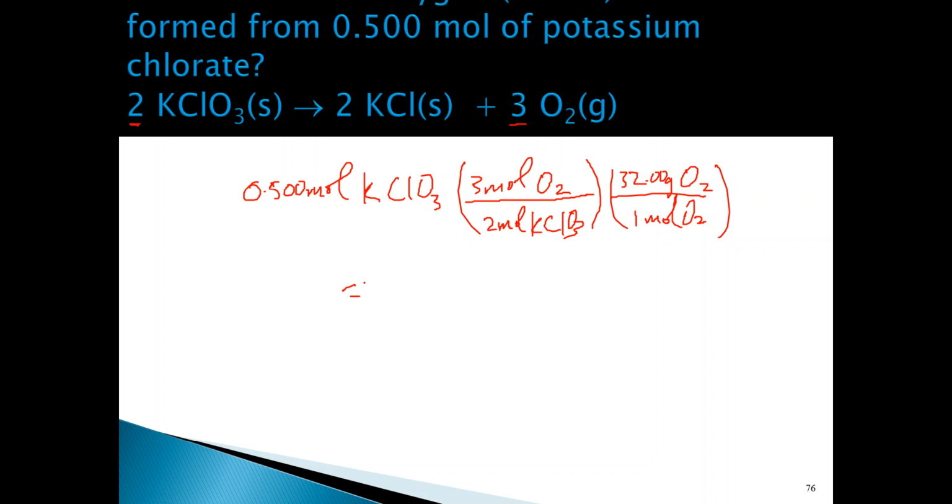The question asked for the volume, not the mass of oxygen. So that means I need to erase this here. Sorry about that. I need to convert to volume instead.